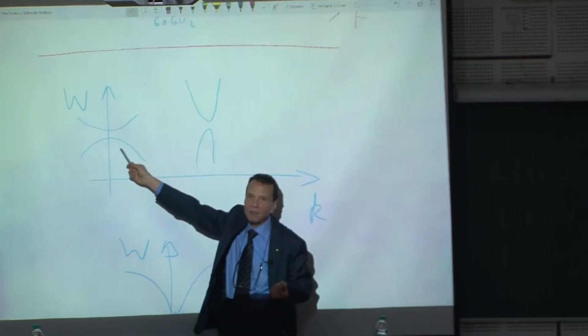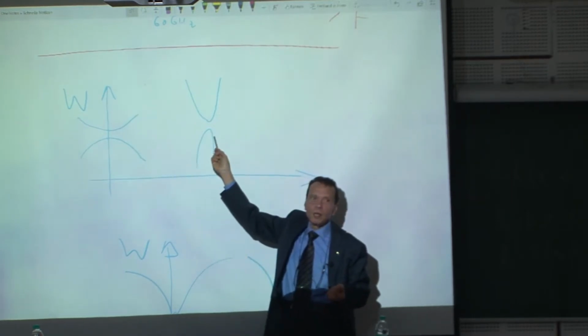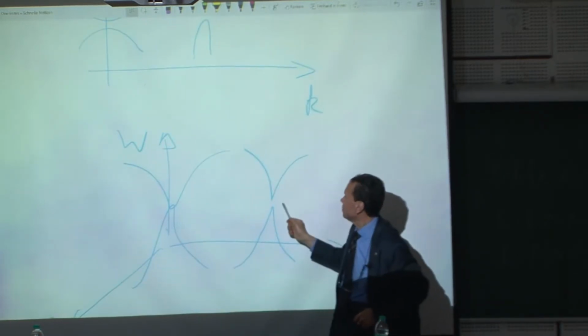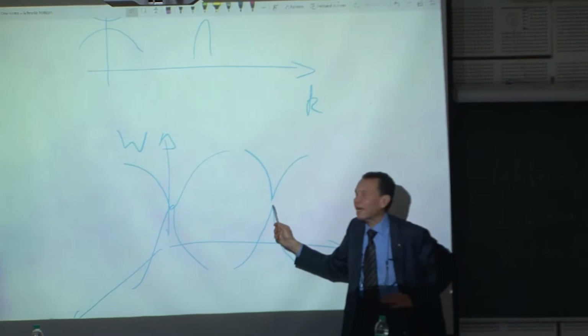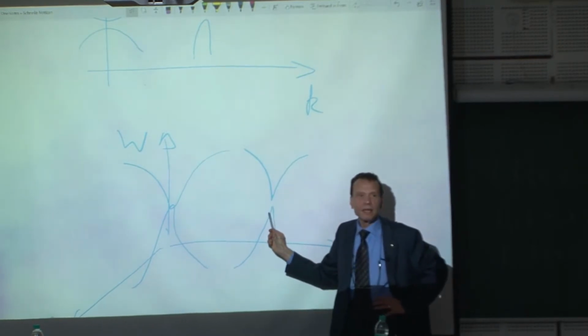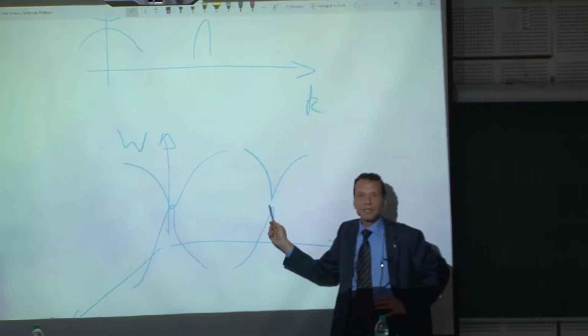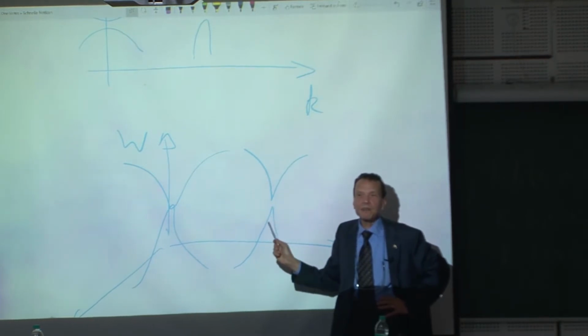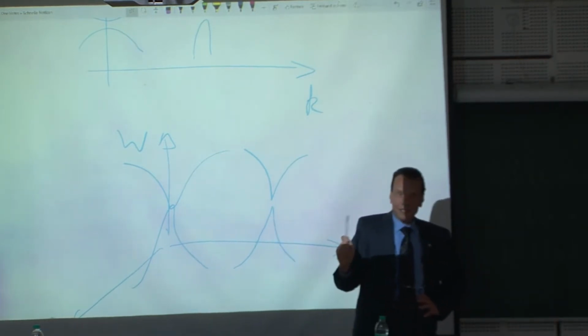Here high effective mass, here low effective mass. If you see this now, if you have a carrier here or there, what is the effective mass? The curvature is infinity, okay, and the effective mass is ideally 0.